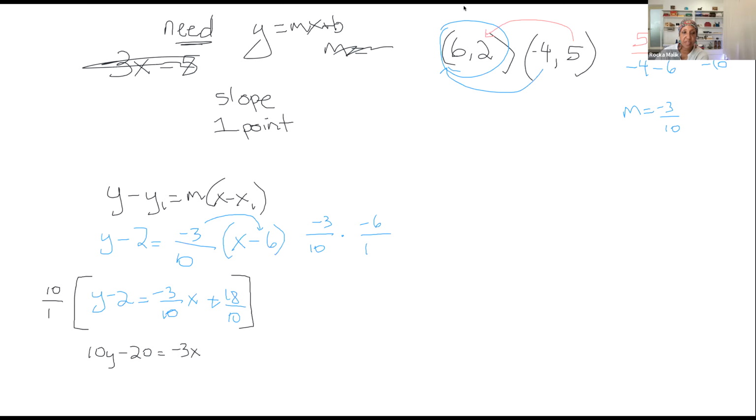The 10 will cancel with 10 and leave me with 18. Plus 20 to move all my numbers and combine all my like terms. I have 10y equals -3x plus 38.